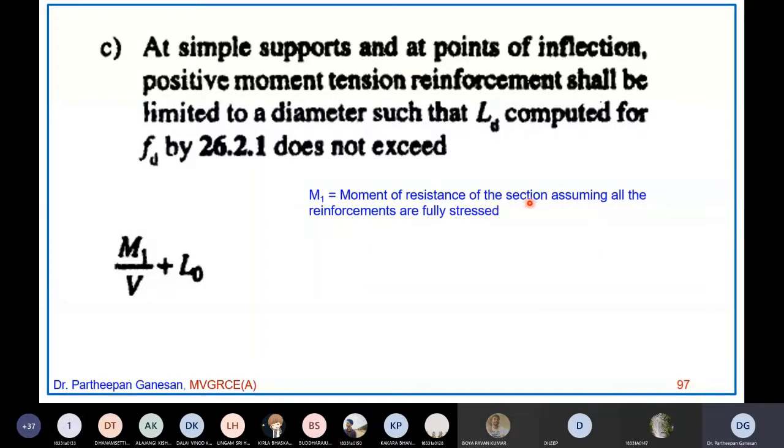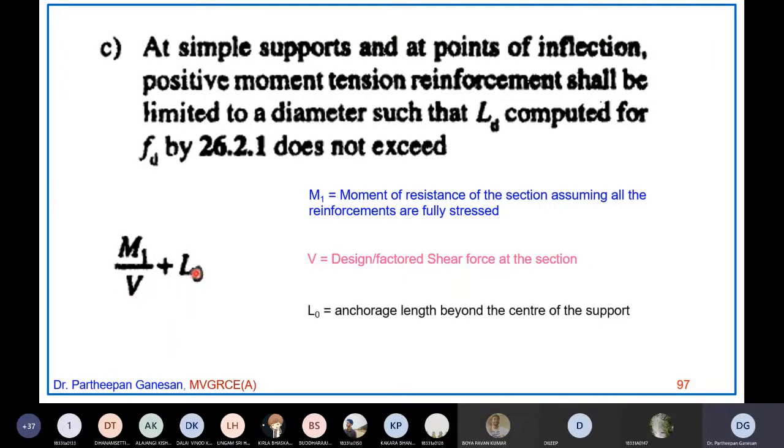M1 is the moment of resistance of the section, assuming all the reinforcements are fully stressed. That means an under-reinforced section; you find out the moment of resistance for the under-reinforced section. That is M1. V is the design shear force or factored shear force at that section. L0 is the anchorage length beyond the center of support. Please note this down: anchorage length beyond the center of the support is called L0.